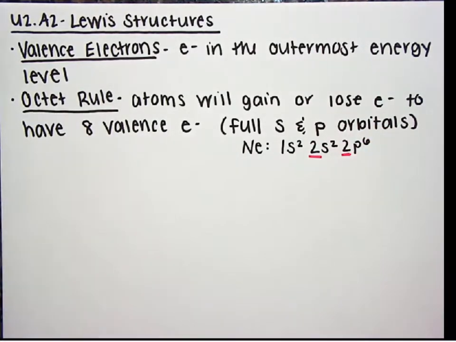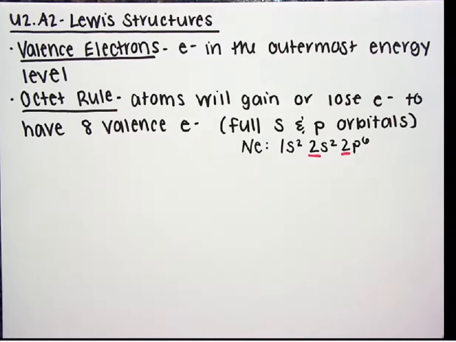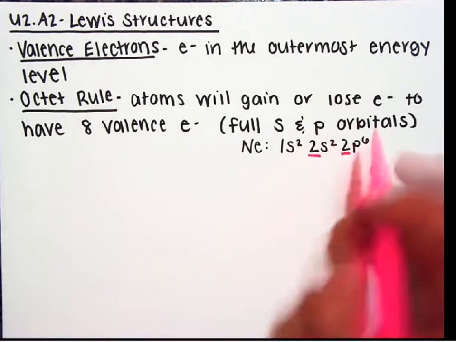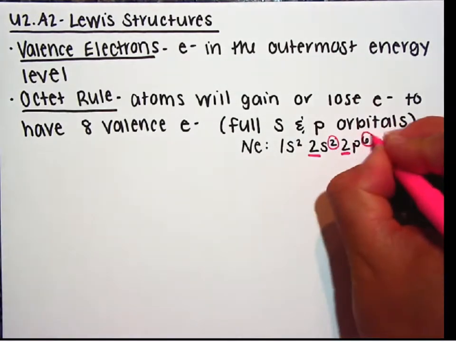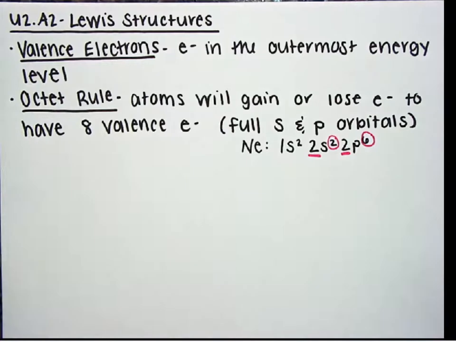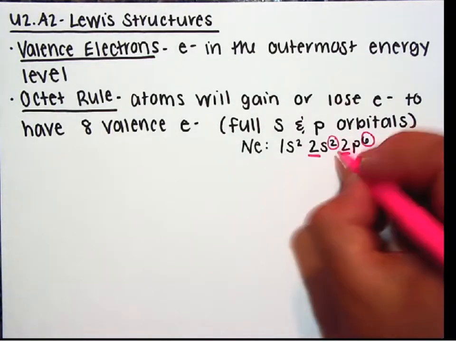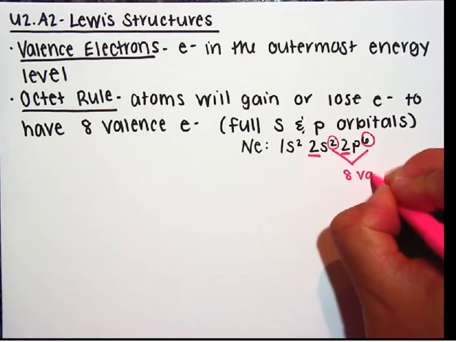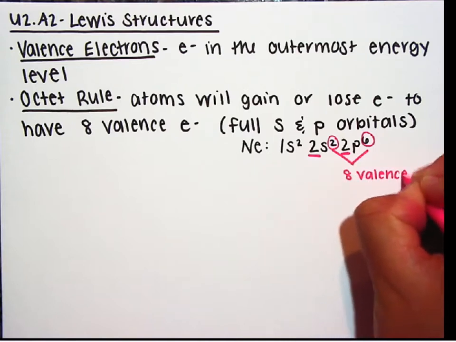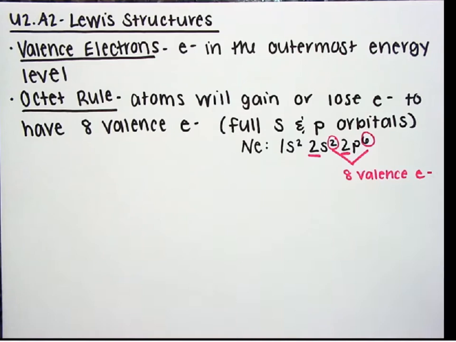The second energy level is outermost, and its s orbital is full. S orbitals can only hold 2 electrons. P orbitals can hold 6 electrons. The p is full with 6 electrons. So this is an atom that has 8 valence electrons.